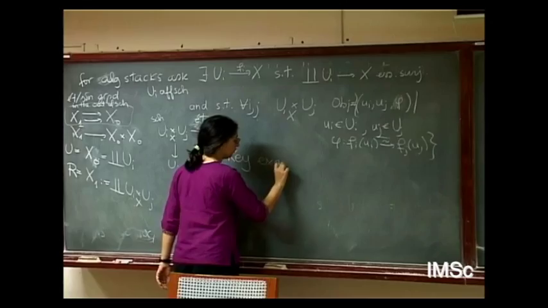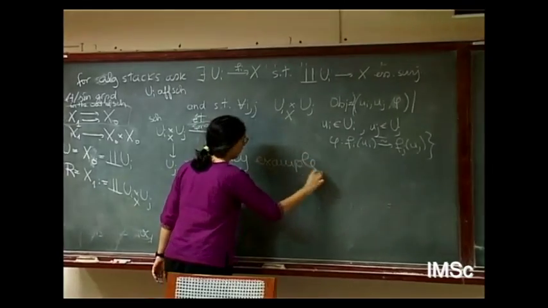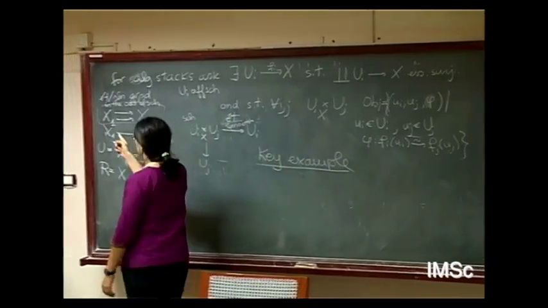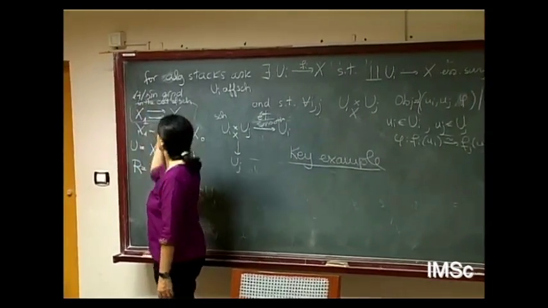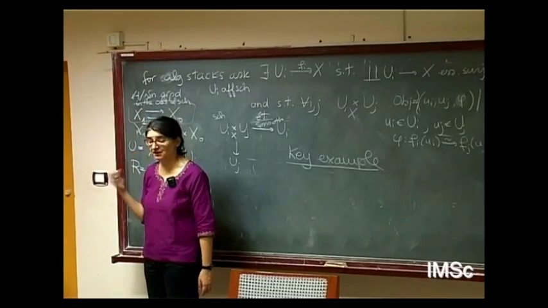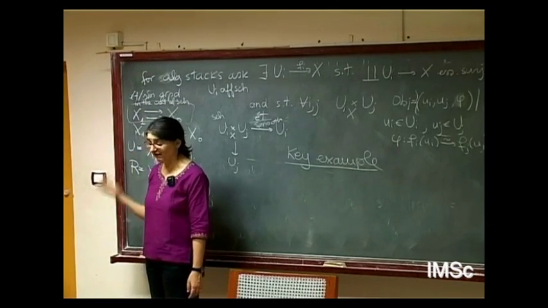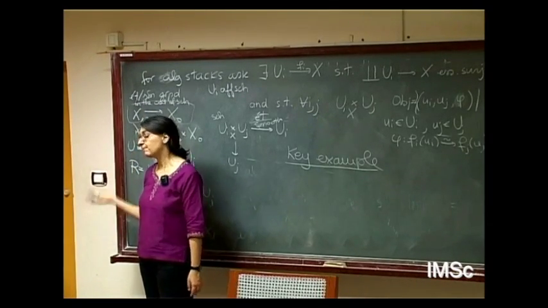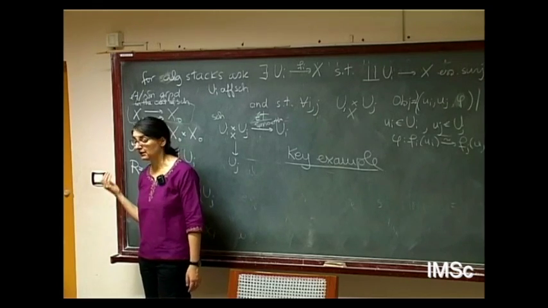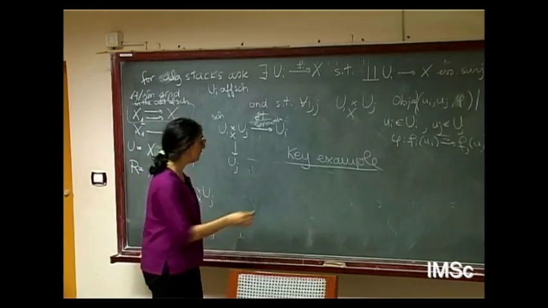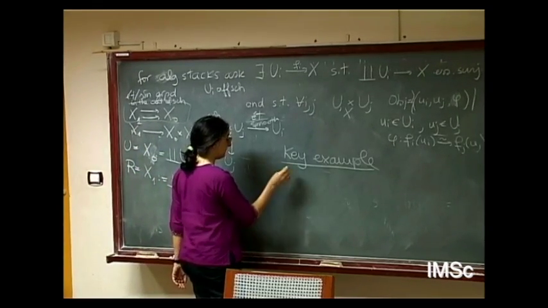As I told you, writing down such an internal groupoid is very complicated and very unpleasant, but there is a special case that is very easy to do.